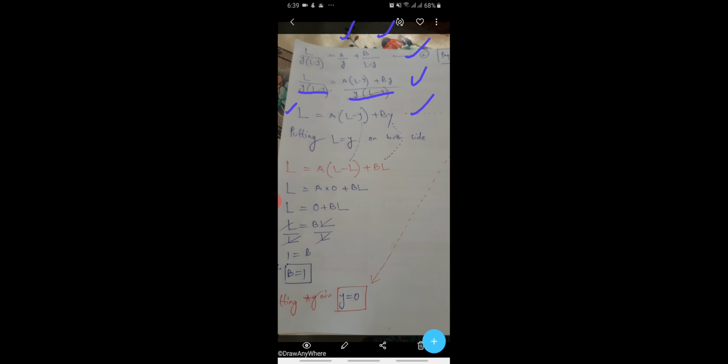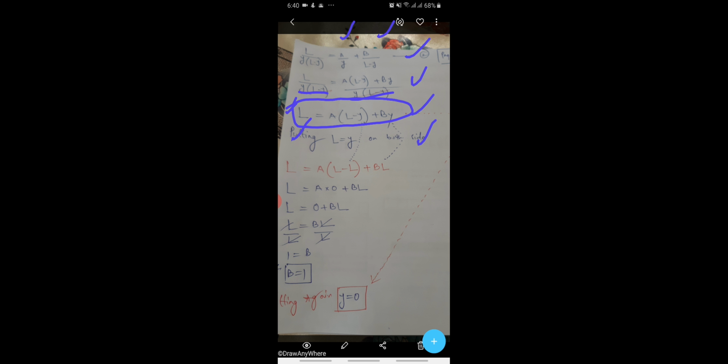So I use my mind and think about what I can do here so that we can find A and B. I put y equal to L. When we put y equal to L, we will see that the term with A becomes 0. So I am going to put this value in this equation.